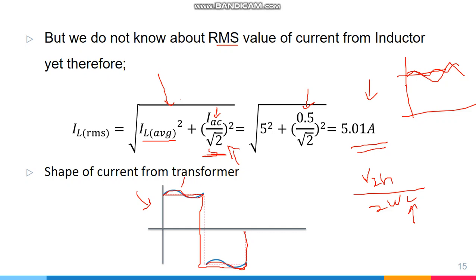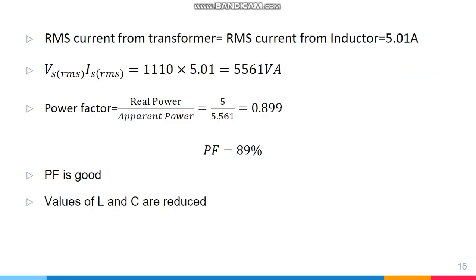So this AC component is due to those harmonics, and this is due to that average value. And the RMS value of the current from the transformer is equal to the RMS value of the current from the inductor, 5.01 ampere.